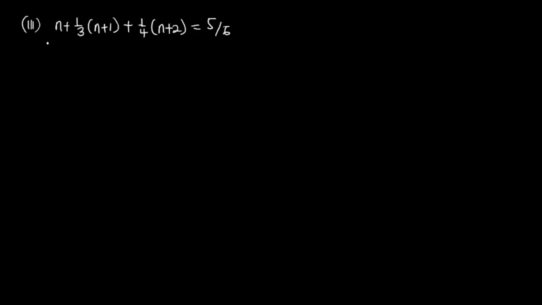So it becomes 12 multiplied by n, that will give me 12n, plus 12 multiplied by 1 over 3 into bracket n plus 1, plus 12 multiplied by 1 over 4 n plus 2 is equal to 12 multiplied by 5 on 6.